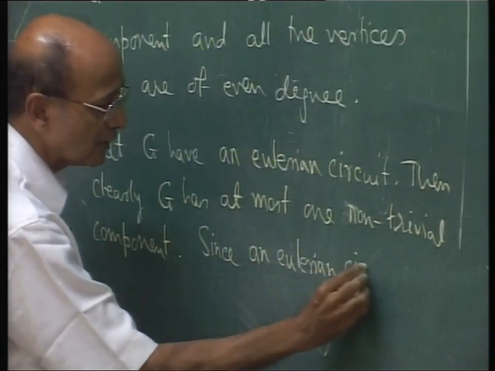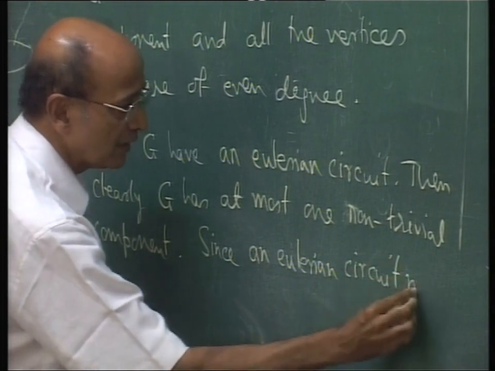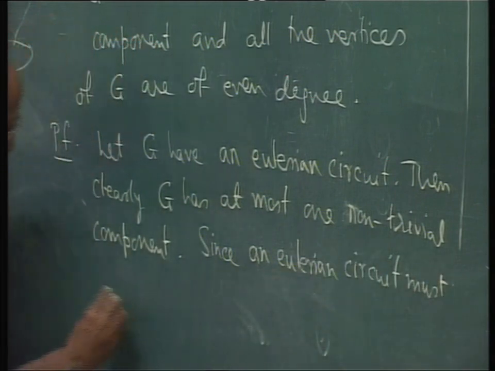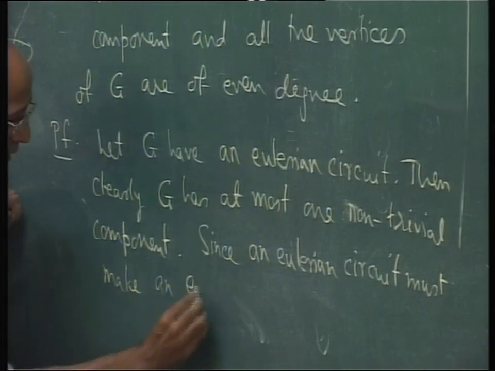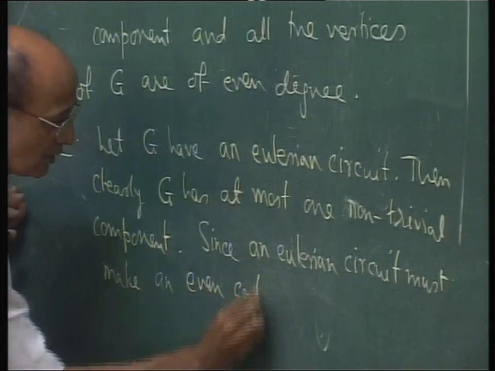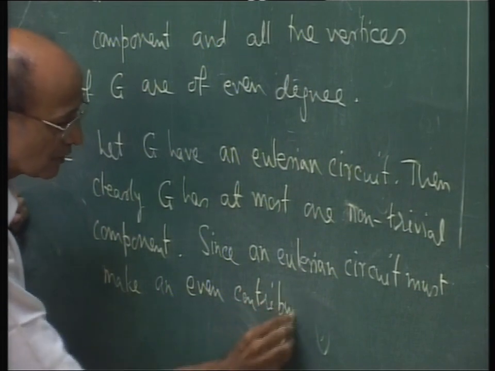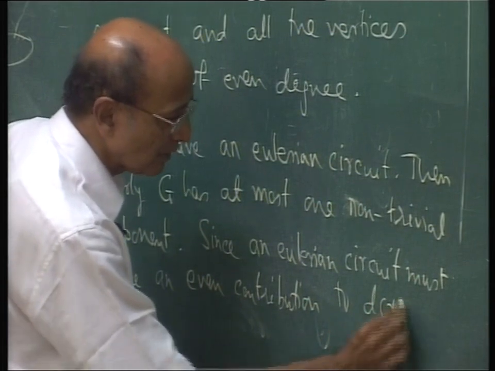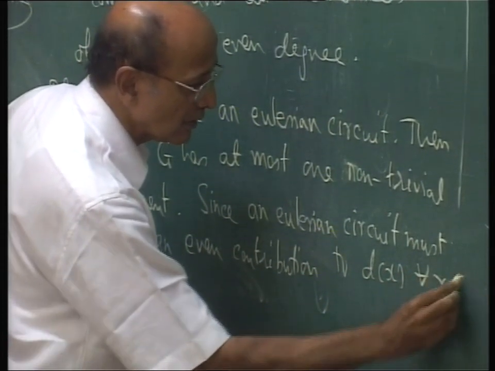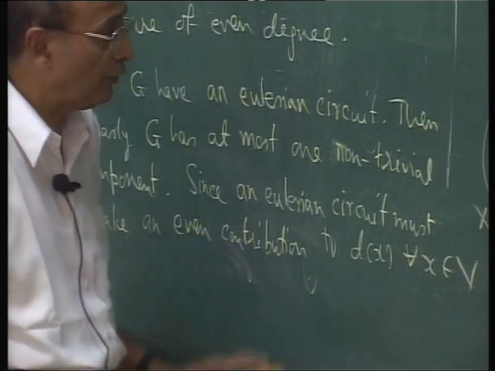So the circuit must make an even contribution to the degree of x. So d of x must be even.